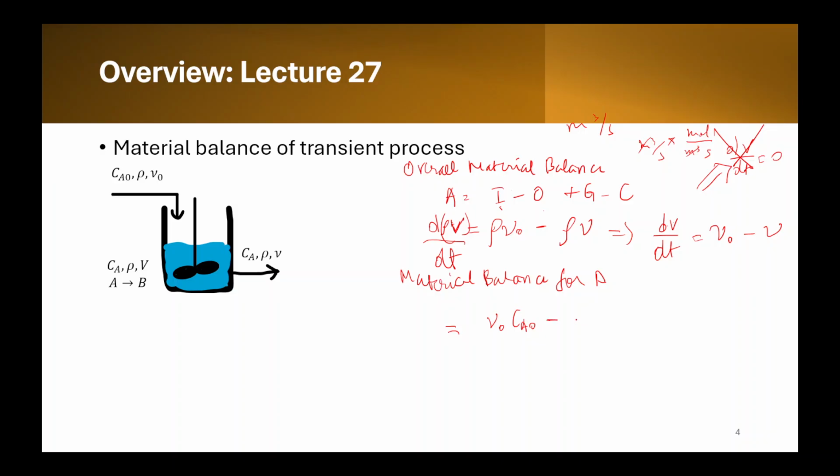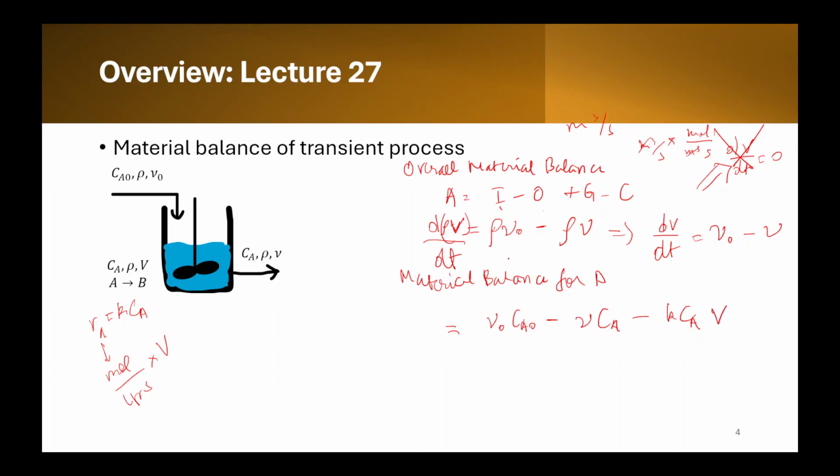Whatever is coming out will be again nu into Ca. Something is getting consumed, and suppose this is a first order reaction. So this is Ra, so minus Kca, which is again mole per liter second, so you need to multiply it with volume.